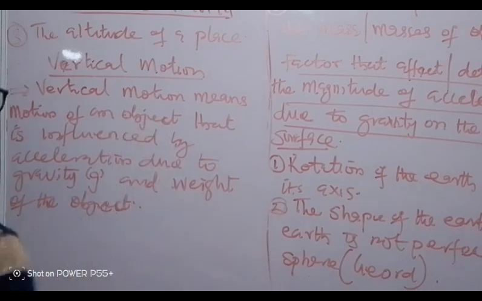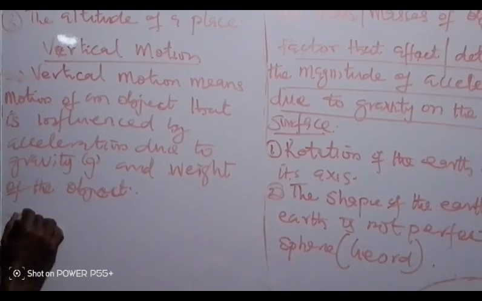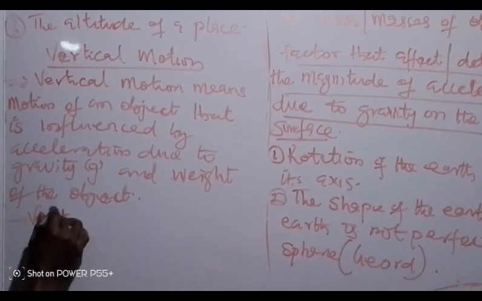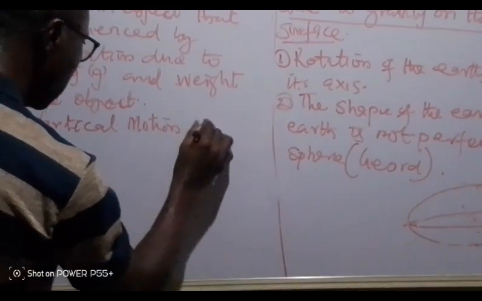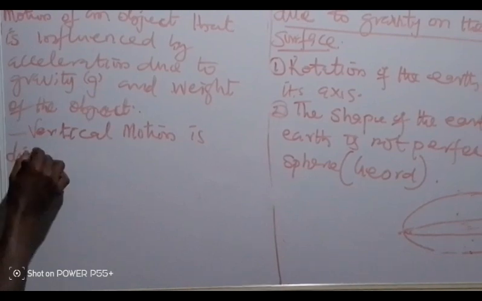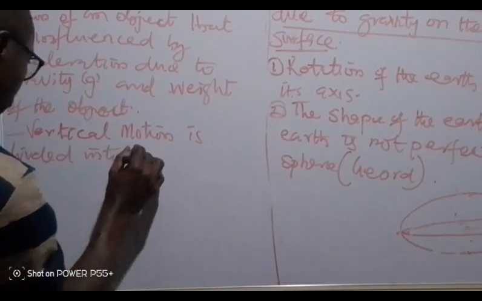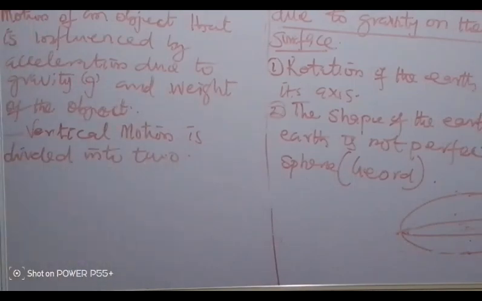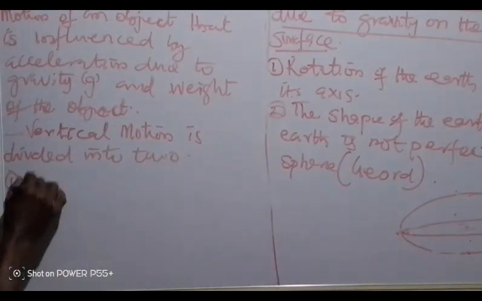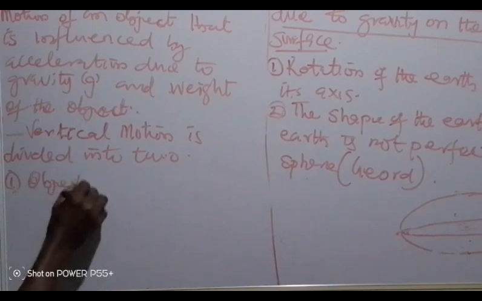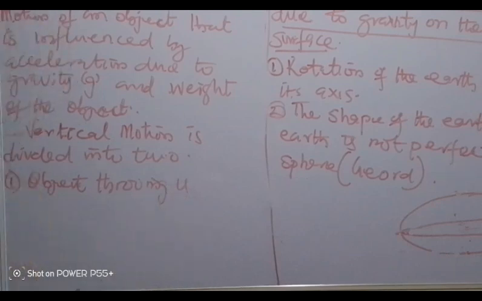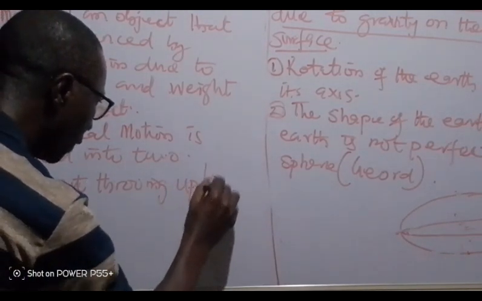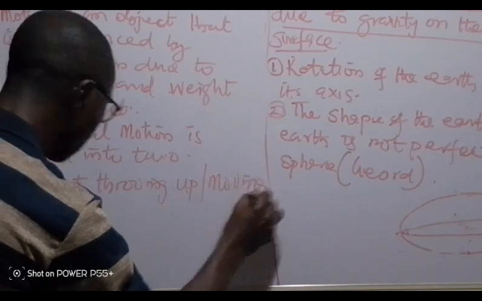Take note of this. Vertical motion is divided into two. One, object throwing up or moving up.